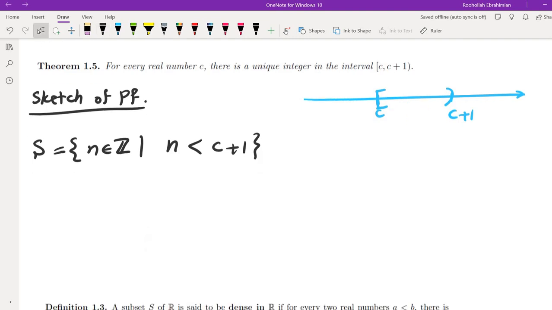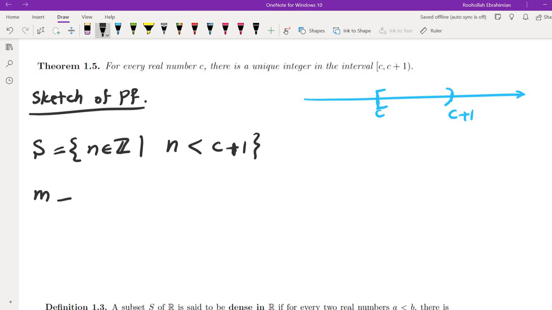Okay, so we are going to show that this set is bounded above and non-empty. So clearly it is bounded above because n is less than C plus 1. It is also non-empty. You can use the Archimedean property to show that. As soon as you show that, you know that there's a maximum.